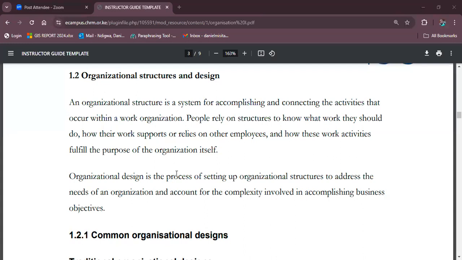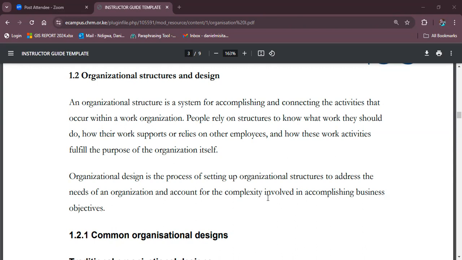So those conflicting activities will be reduced a great deal. Then, it also shows how these work activities fulfill the purpose of the organization itself. So once you have a good structure in place, it becomes easier to fulfill the purpose or the objective, what you want to achieve at the end of the day.